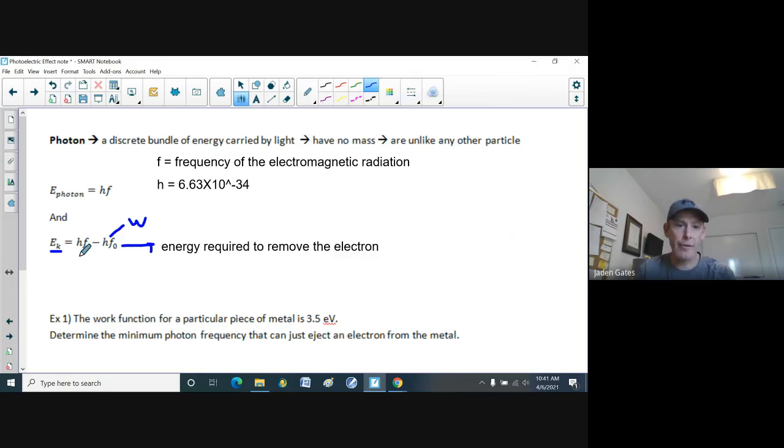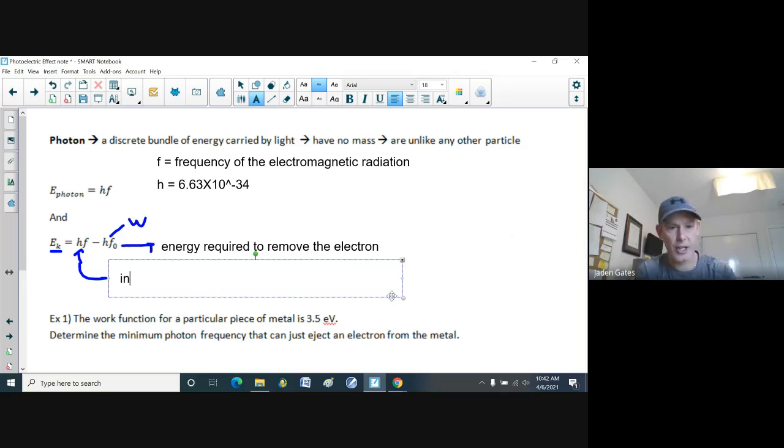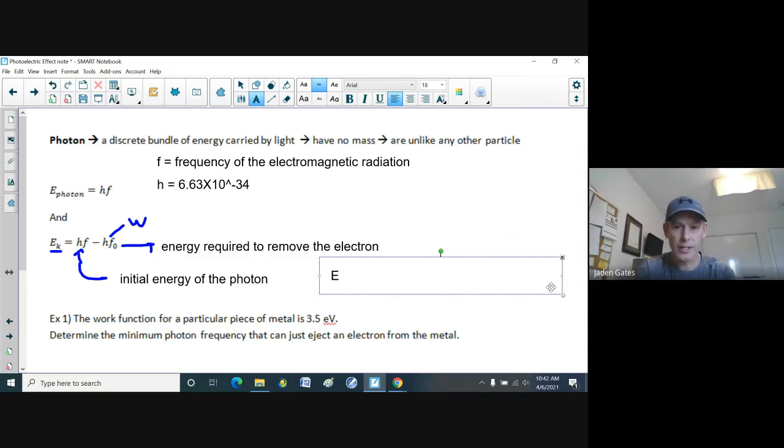And then this hf that you have is just the initial energy of the photon that's hitting the metal. And then our kinetic energy after, that's the leftover energy, because the h times f naught is the energy required to just remove the electron.